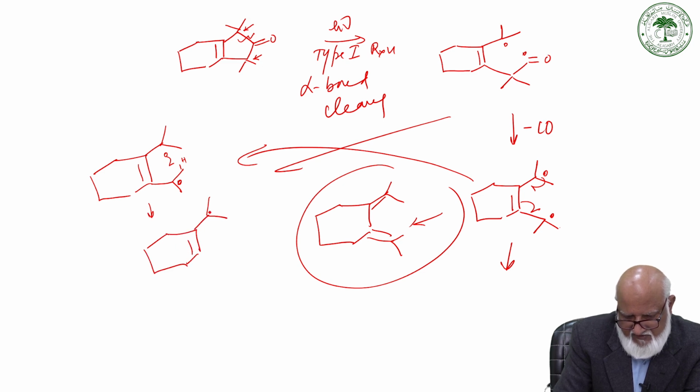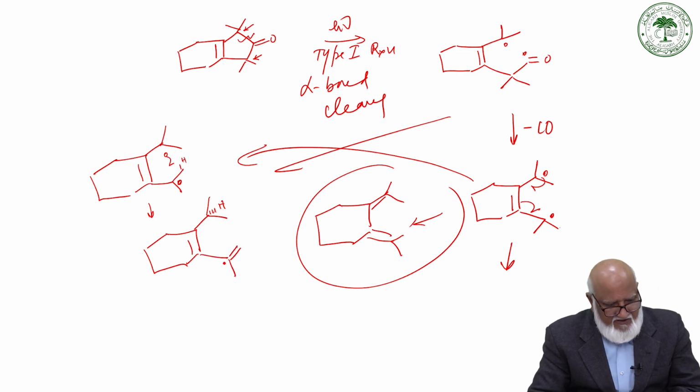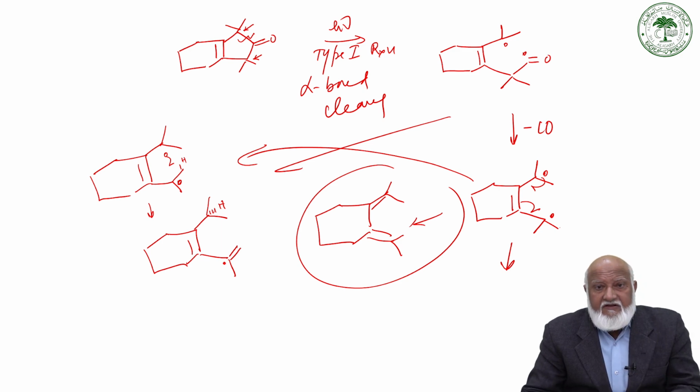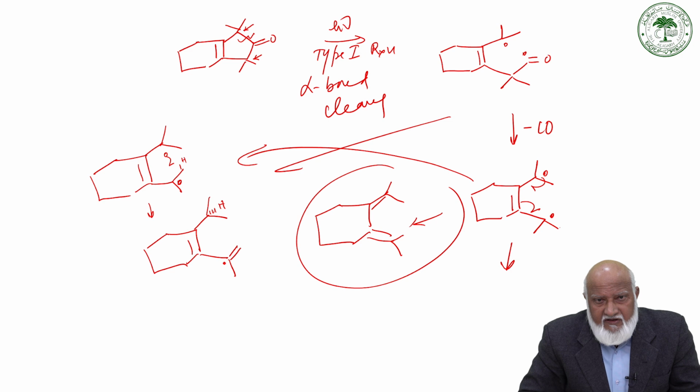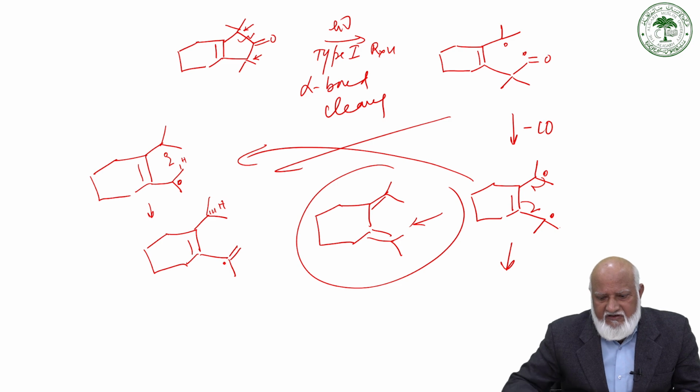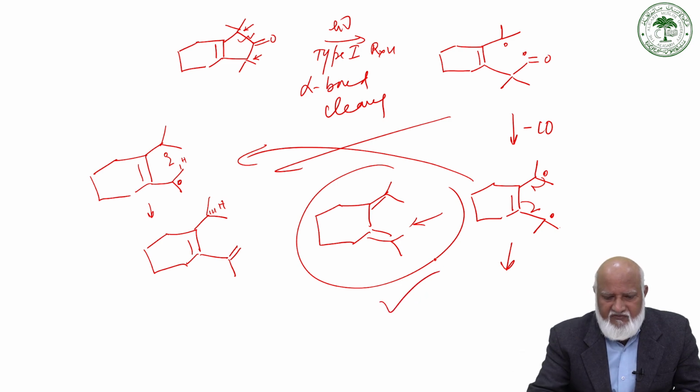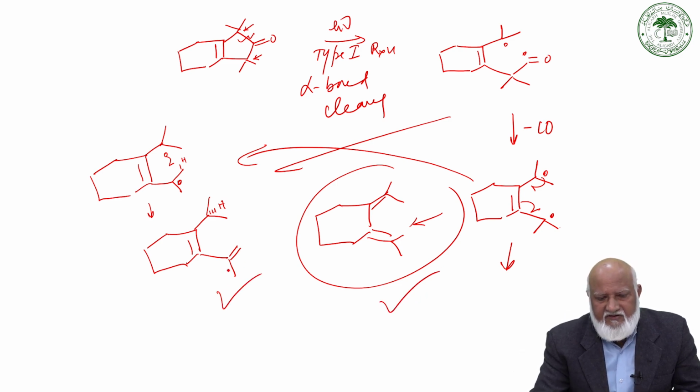The methyl group has an H here. So these are a few possible products in this particular case: decarbonylation following preferential alpha bond cleavage, and then the carbon-centered radical, because there is an adjacent double bond, will lead to a diene like this, or it is also possible to give you a diene like this in this particular case.